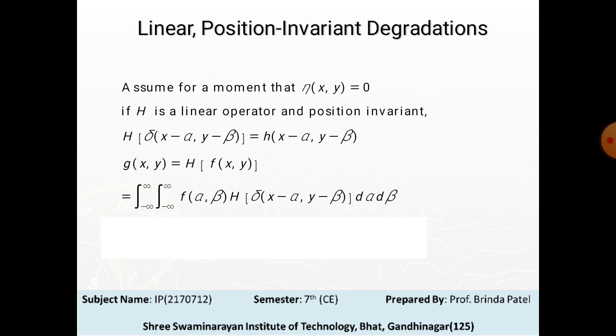Now assume for a moment that n of x,y is equal to 0 and H is a linear operator and position invariant. So here we can get this equation: the integral from minus infinity to infinity of f of alpha, beta times h of x minus alpha, y minus beta, d alpha d beta.